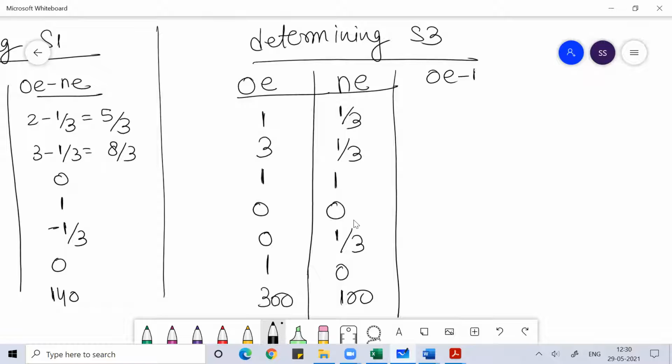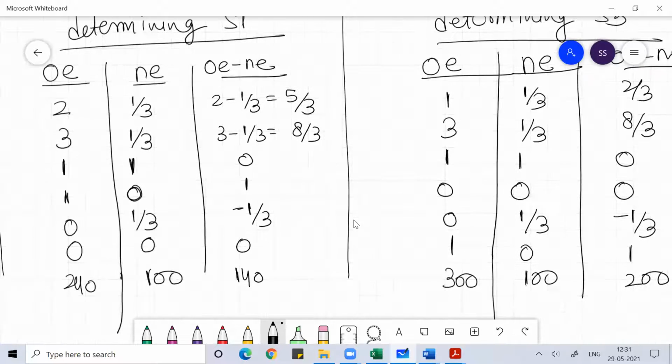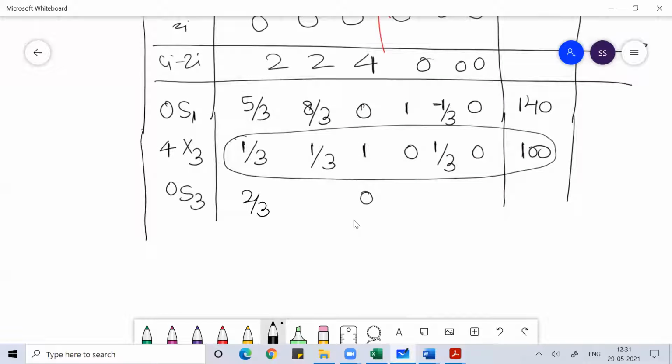So old element minus new element: 1 minus 1 by 3 is 2 by 3, 3 minus 1 by 3 is 8 by 3, 1 minus 1 is 0, 0, minus 1 by 3, 1, 200. So just write down these values.